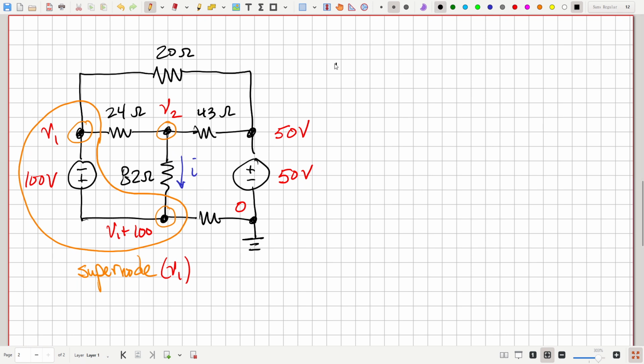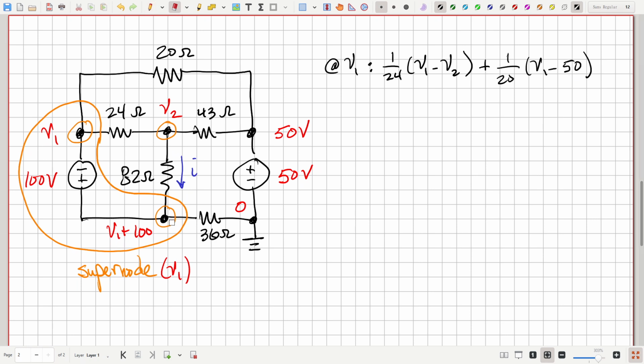Okay, so for the supernode, defined by the variable V1, let's write the equation. And what do we got? Let's see, we got the current going through the 24 ohm resistor. That's V1 minus V2 over 24. Plus the current going through the 20 ohm resistor. That's V1 minus 50 over 20. The current through, oops, down here, I'm sorry, I didn't label this, this was 36 ohms.